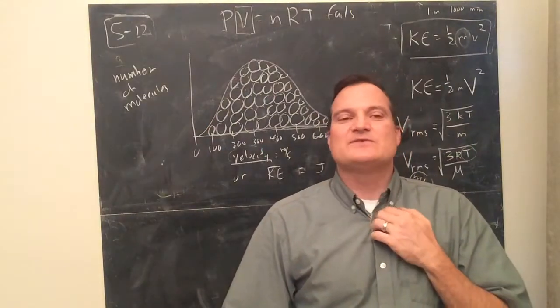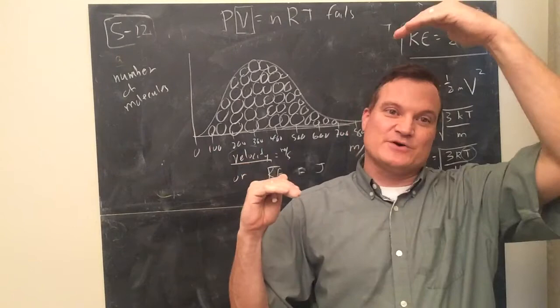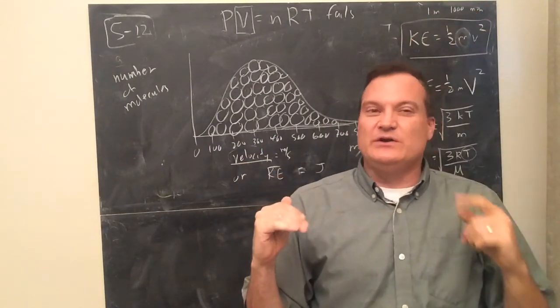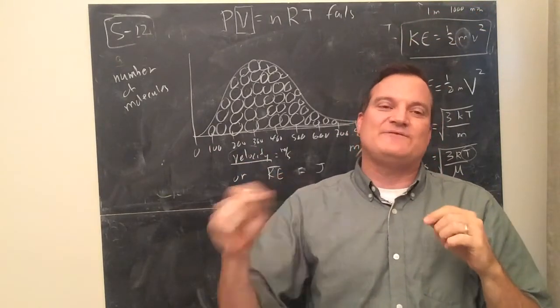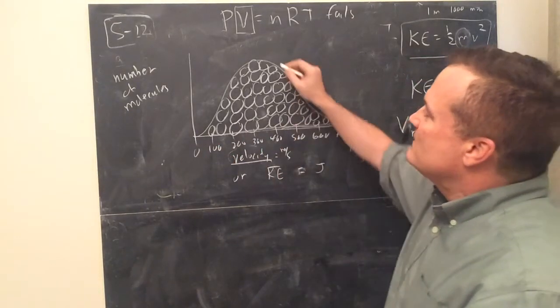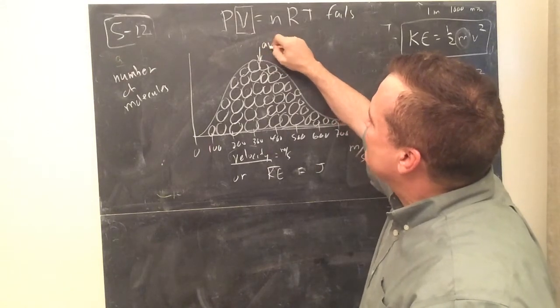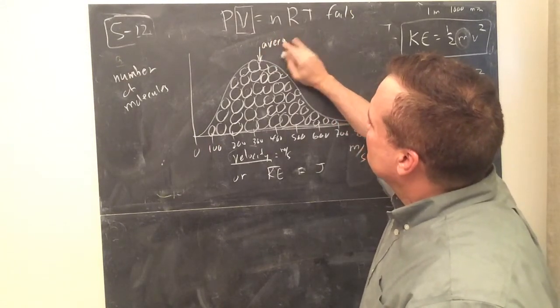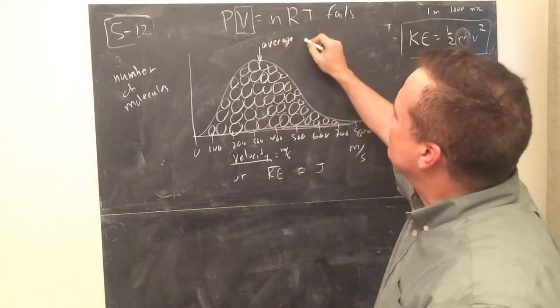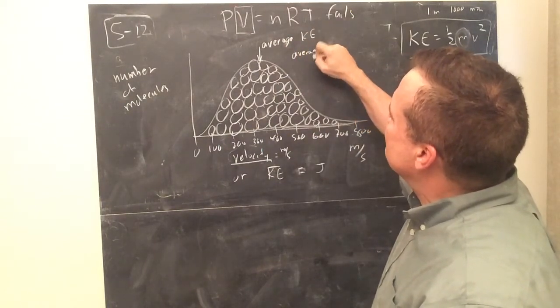If you had everybody in the school line up from the shortest person to the tallest person and you graphed out how many people are this height, this height, this height, it turns out that right around the center is going to be your average height, or in this case, your average kinetic energy, or your average speed, velocity.